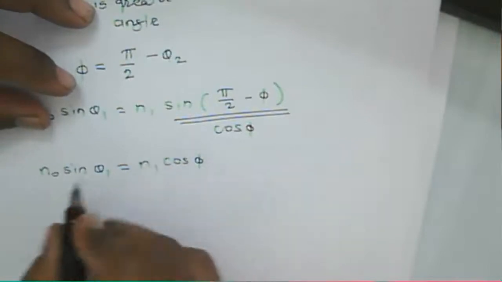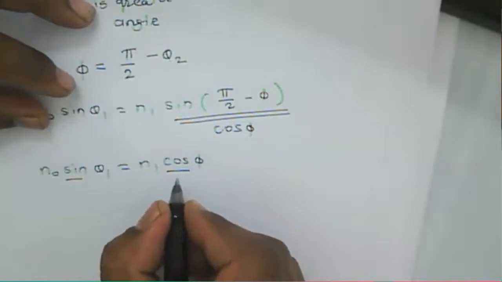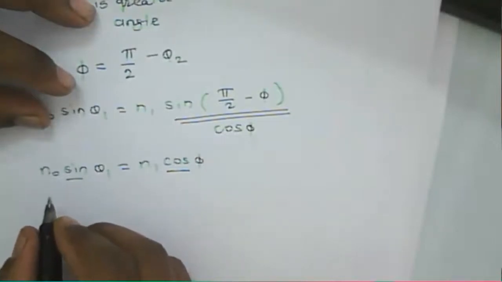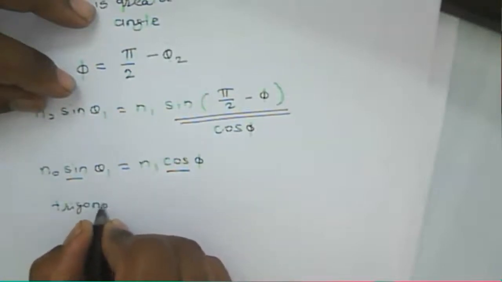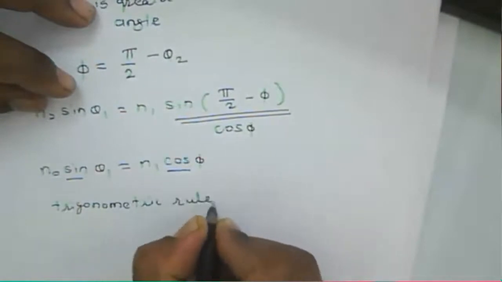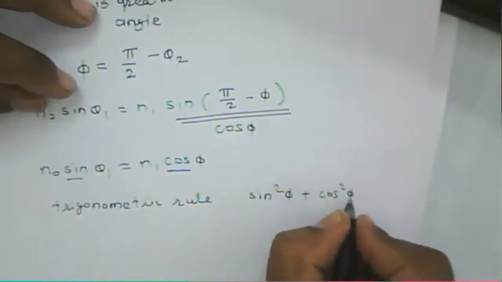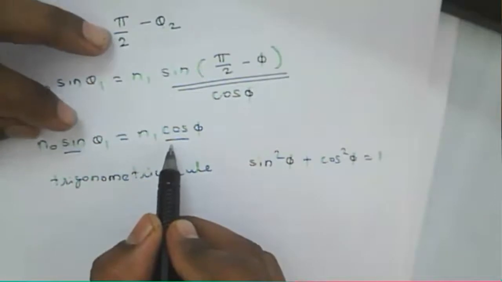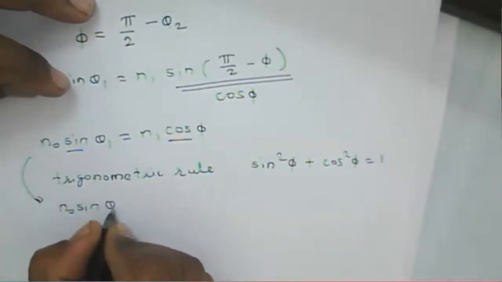Now we simplify this equation. This one is in terms of sine on the left and cos on the right, so we need to rewrite it in terms of either sine or cos. Using the trigonometric rule, sine square phi plus cos square phi is equal to 1, so cos phi is nothing but 1 minus sine square phi raised to 1 by 2.